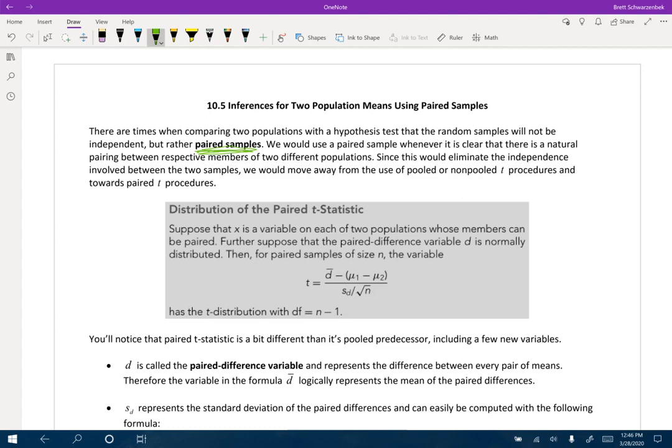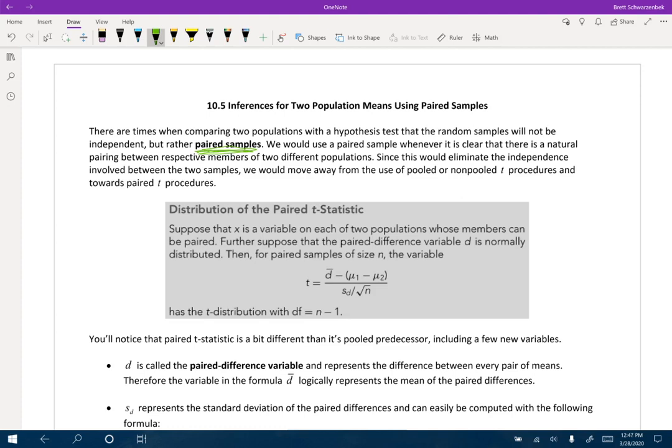There's a lot of different ways to interpret that, but generally the idea is let's say someone was taking a pre-test and a post-test for some scenario. So before they went into a course, they take a pre-test to see what they know, and then once they're done with the course, they take a post-test to see what they've learned.